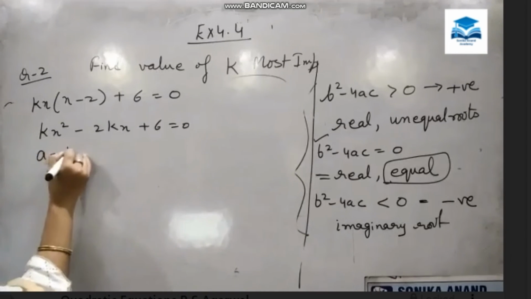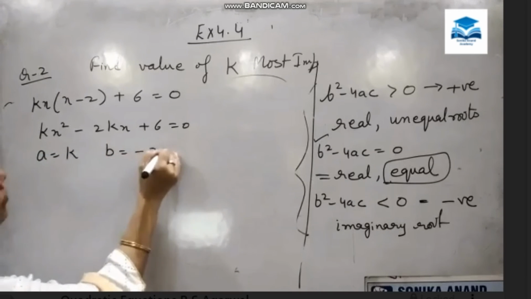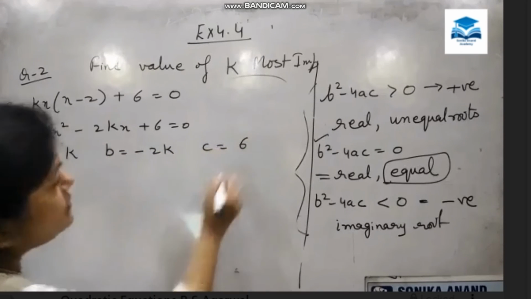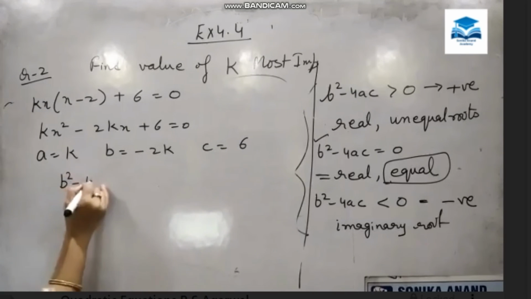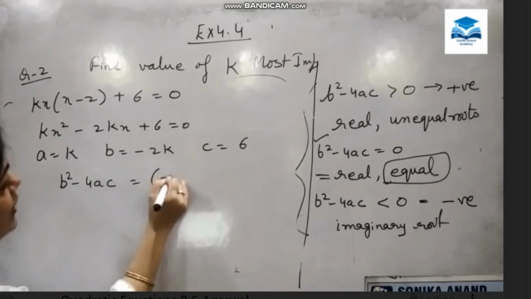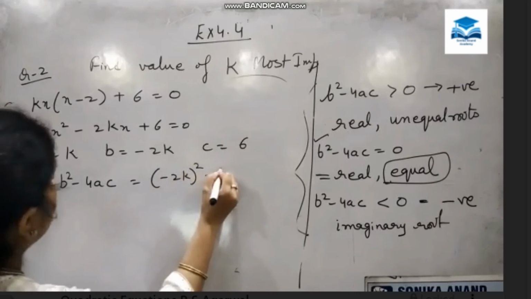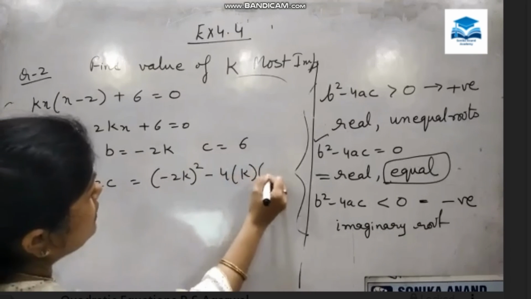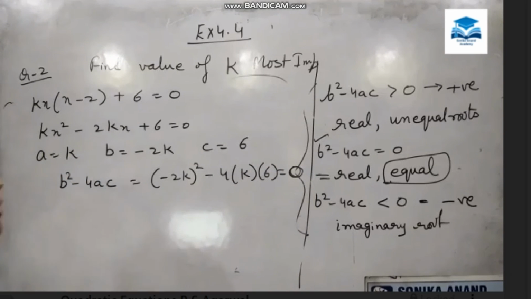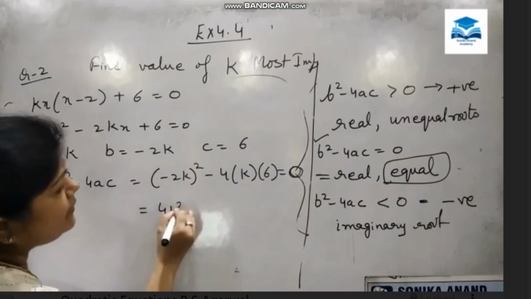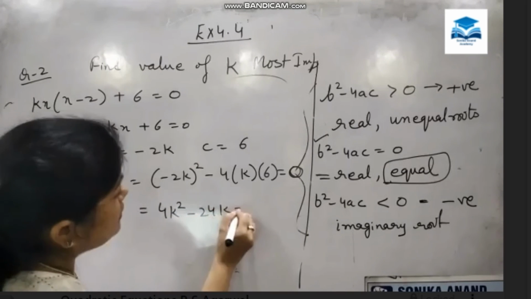Value of a is k, value of b is minus 2k, and value of c is 6. Done? So we have to find b square minus 4ac, which is equal to minus 2k whole square minus 4 into k into 6. And we equate it equal to 0.